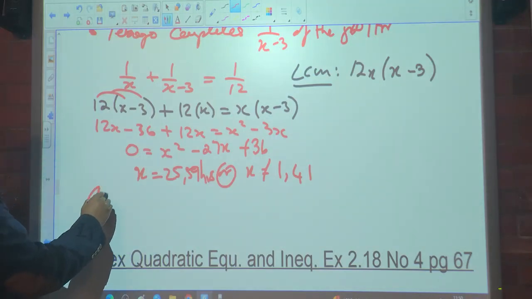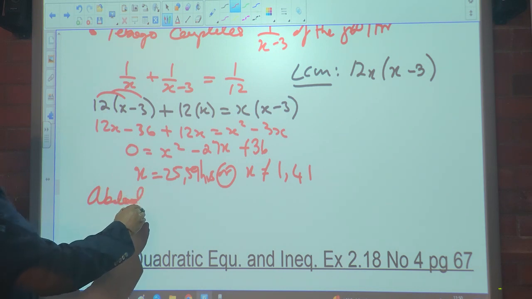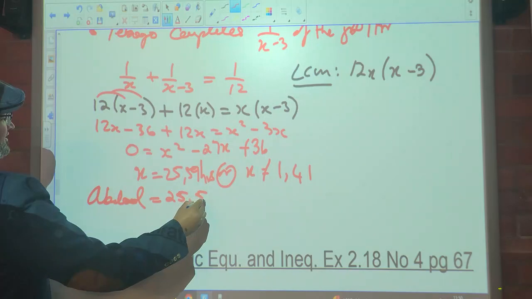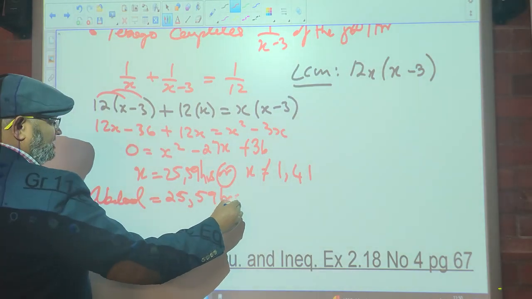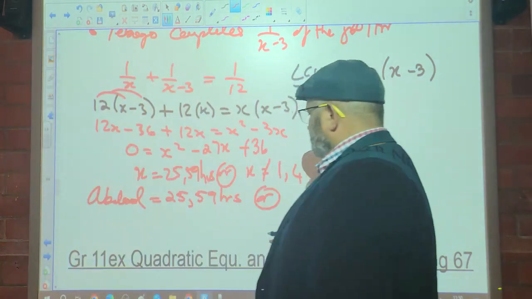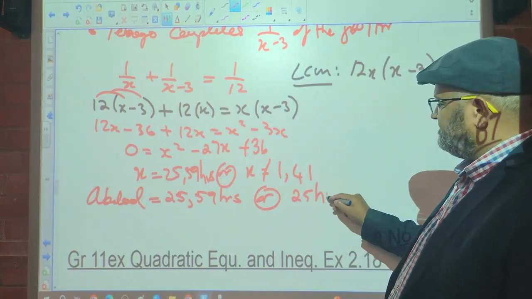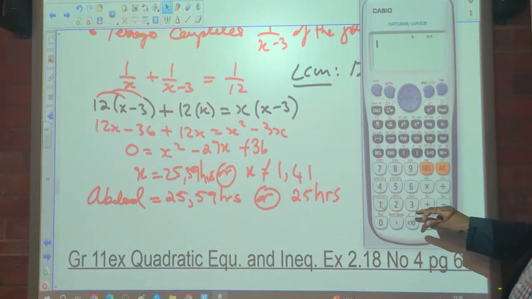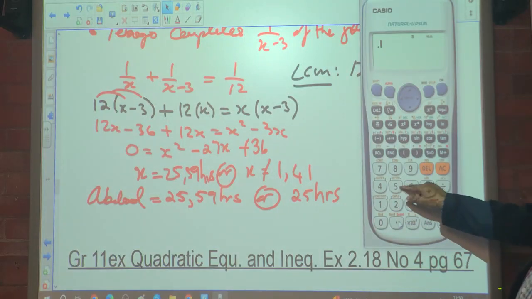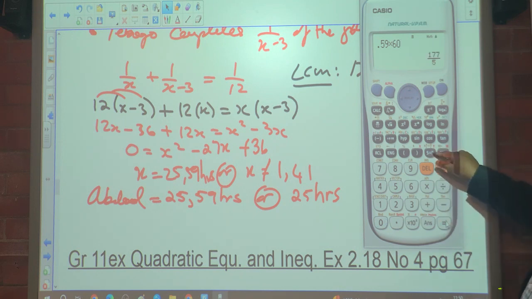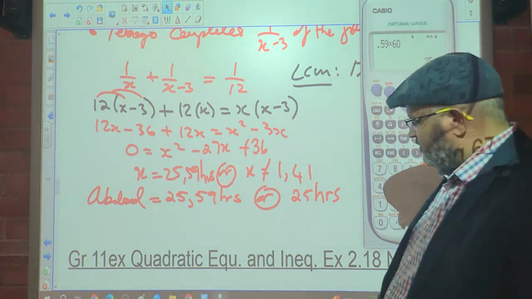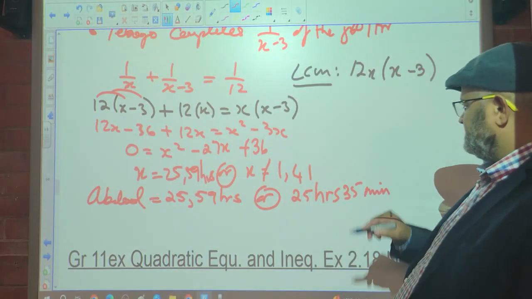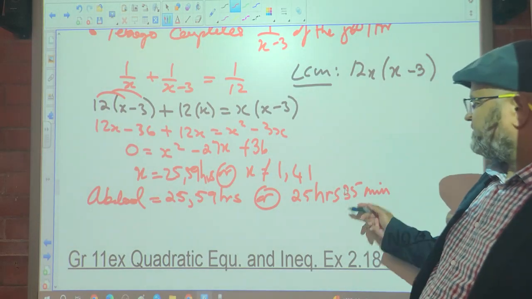So Abdul will complete the job in 25,59 of an hour, or 25 hours. And 0,59 times 60 gives you 35 minutes.